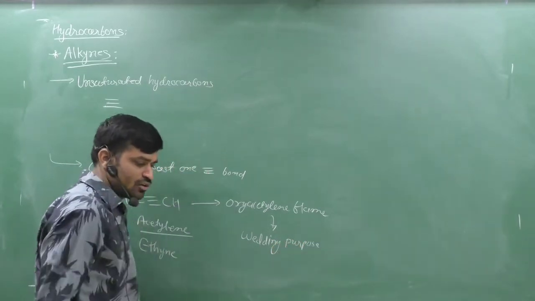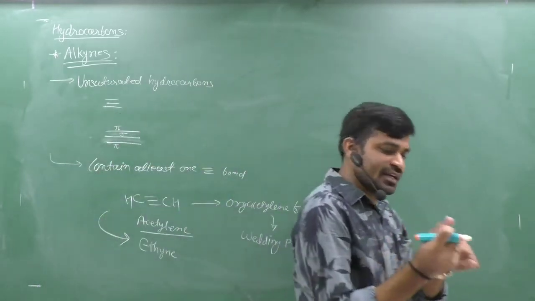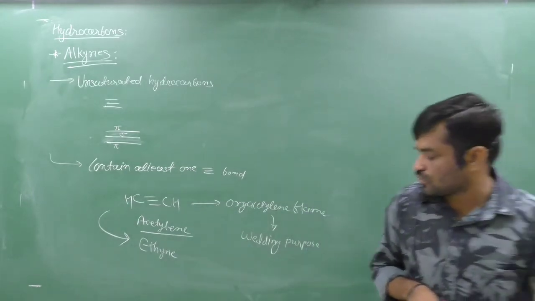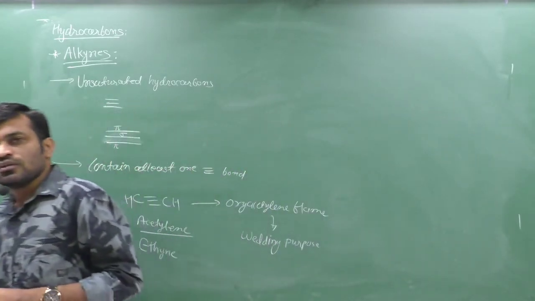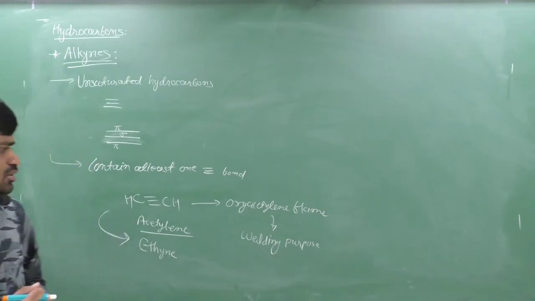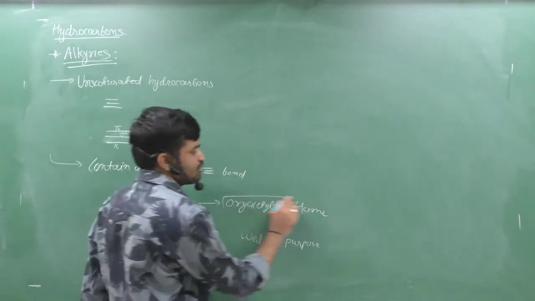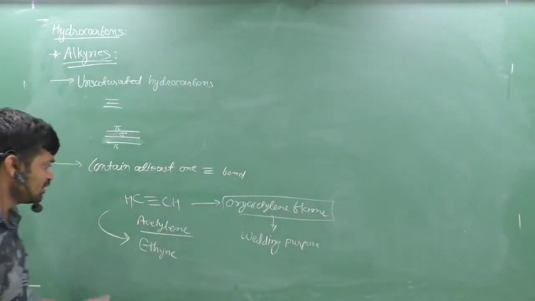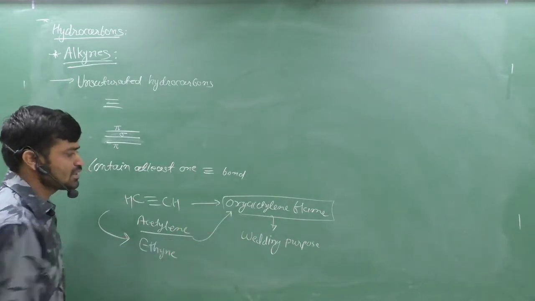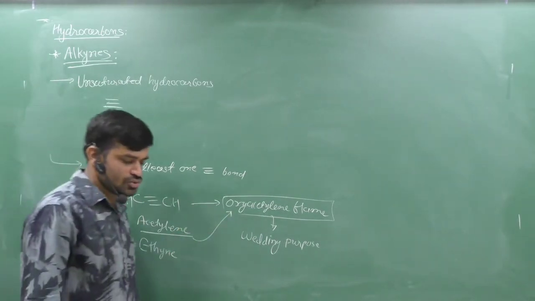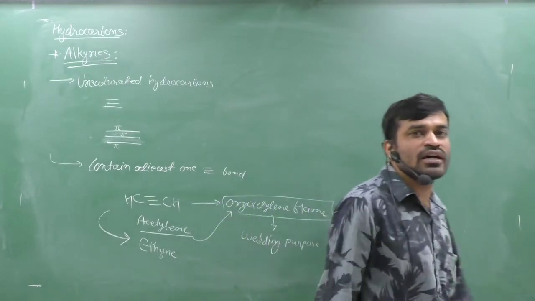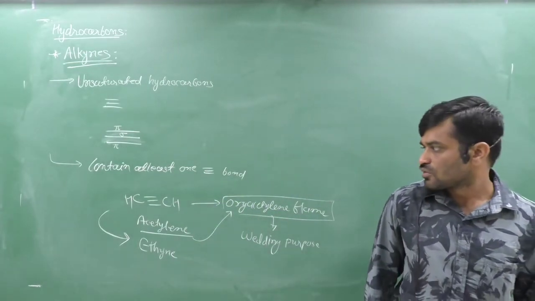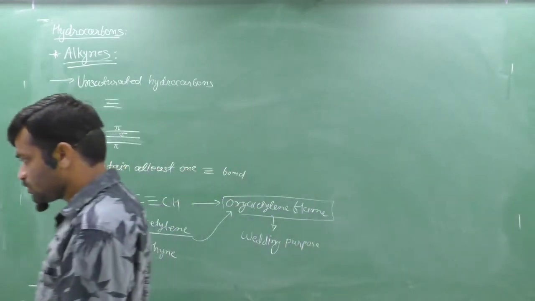If we have a metal rod, an iron rod, we can weld it, we can join it, using some material and a flame known as the oxyacetylene flame, which is generated with the help of acetylene gas, and it is used to weld iron or metals. Clear? So that is a use.